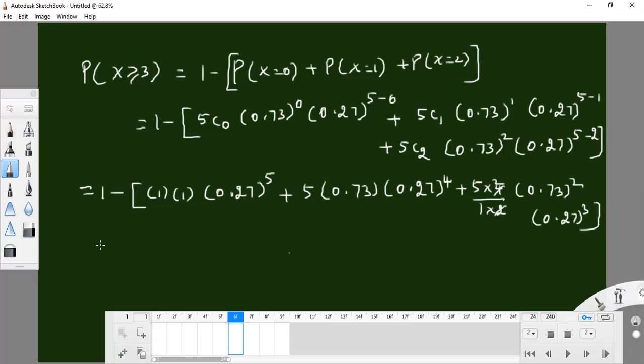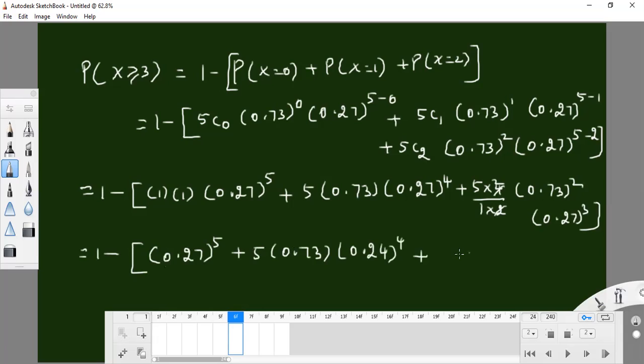So what is the value? 1 minus [(0.27)^5 + 5 into 0.73 into (0.27)^4 + 10 into (0.73)^2 into (0.27)^3]. You can do it in a calculator.